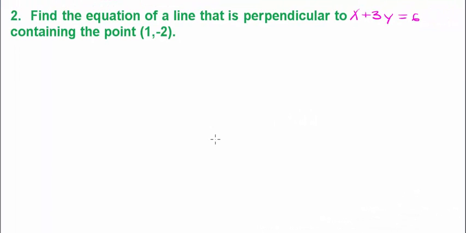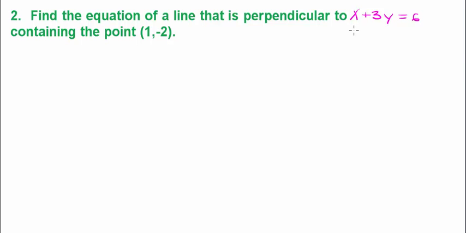Our second equation is to find a line that is perpendicular to x plus 3y is equal to 6 and also containing the point 1, -2. So similarly to the parallel lines, what we have to do is first find the slope of the equation that we're given. So we are given x plus 3y is equal to 6.